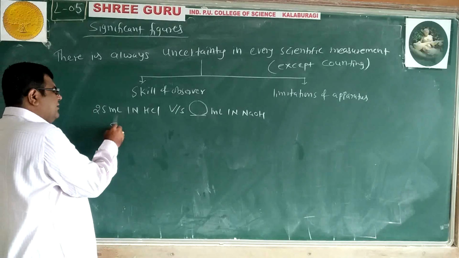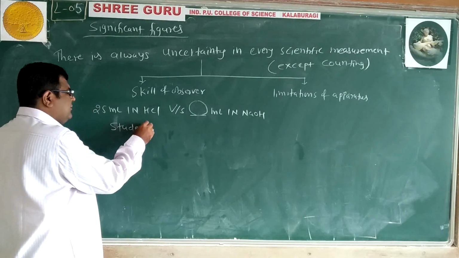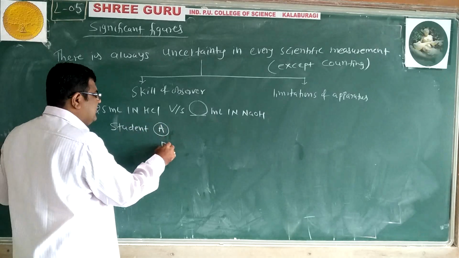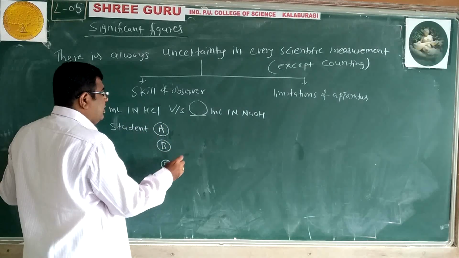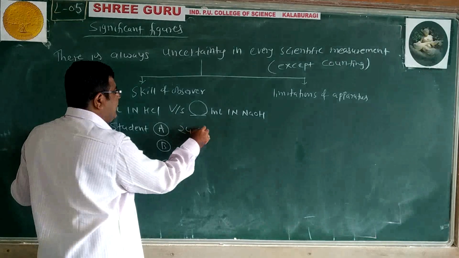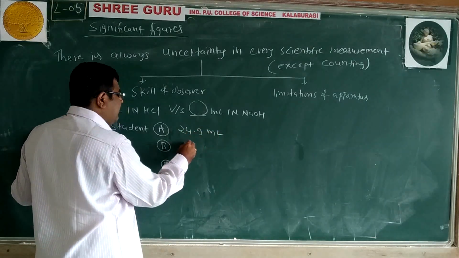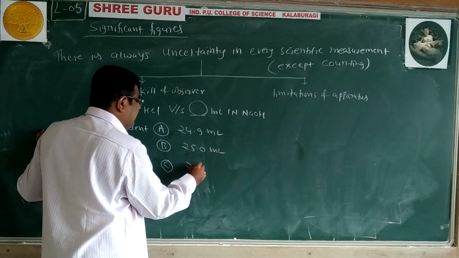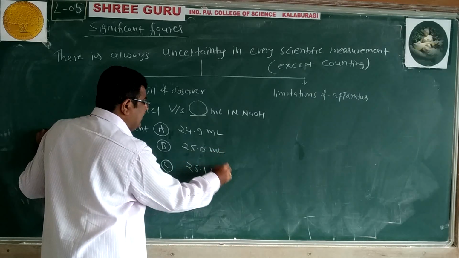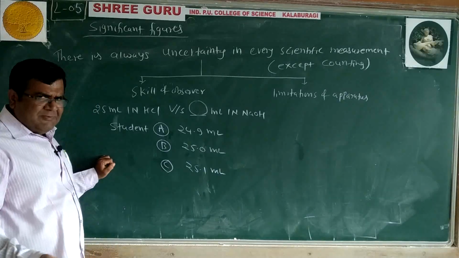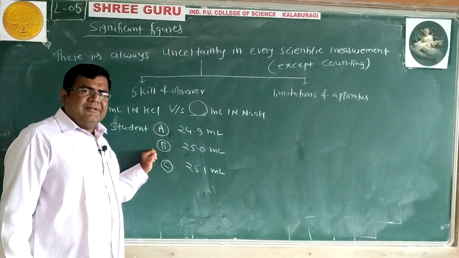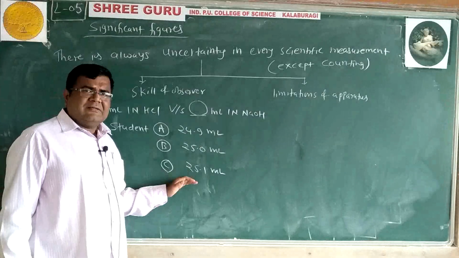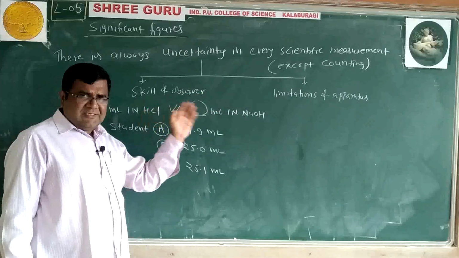But if there are 3 students and they are performing this experiment, one student will report 24.9 milliliter, another will report 25 milliliter, the third will report 25.1 milliliter. This happens in the practical, that we cannot get the exact answer because these two limitations are there.